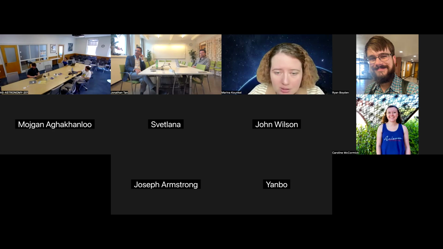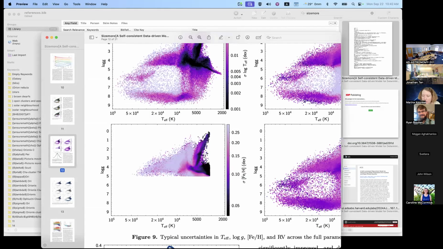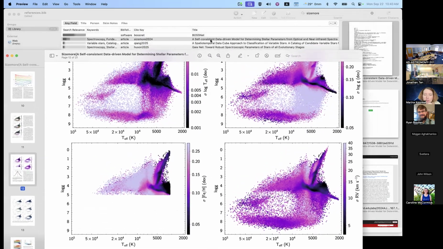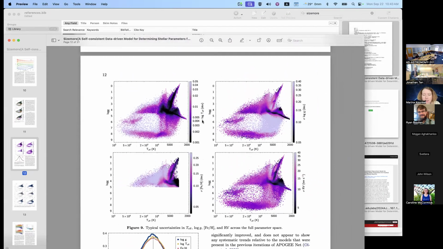So here, let me share it again. Okay, now can you see it? This is the paper that is the overview of the pipeline, and here you can see the scatter in the uncertainties for temperature, surface gravity, metallicity, and radial velocities. For the most part, the overall distribution of uncertainties is what you'd expect.